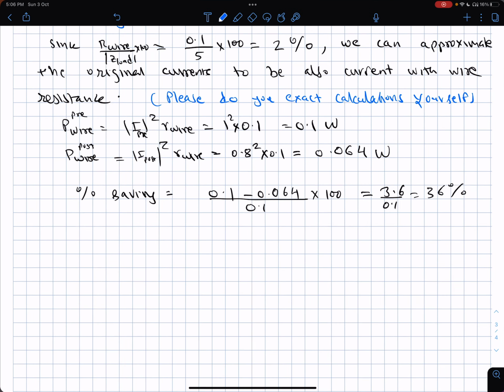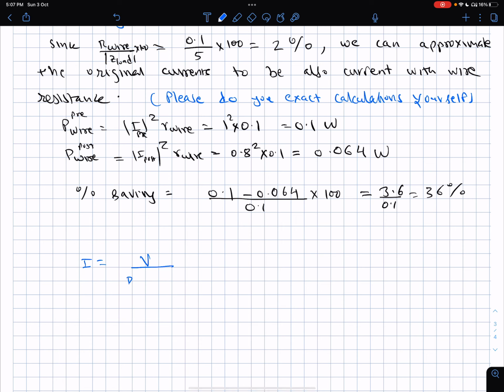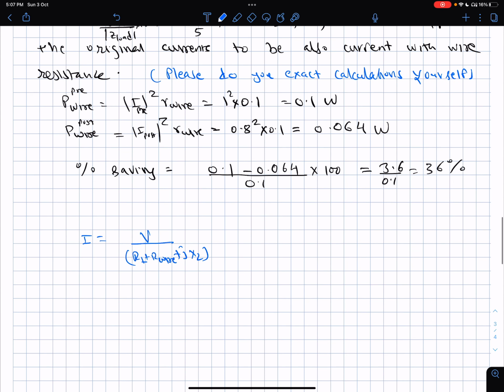Now the current would be V divided by R_L plus R_wire plus jX_L. And earlier it was only R_L plus jX_L. So to that we have just added R_wire.